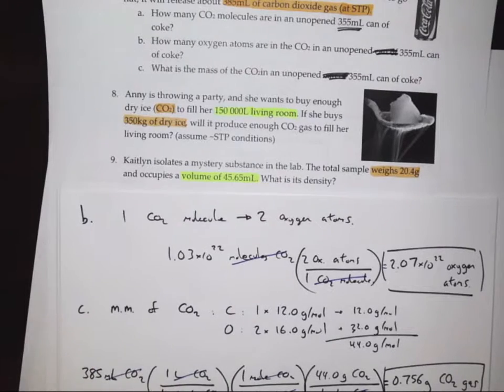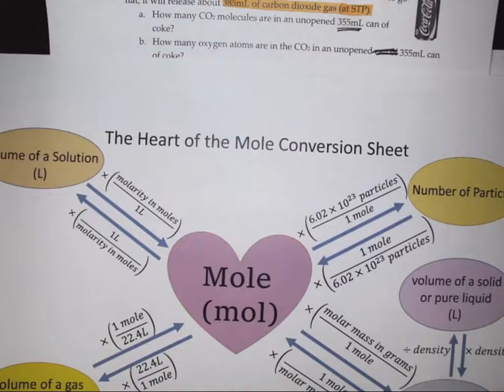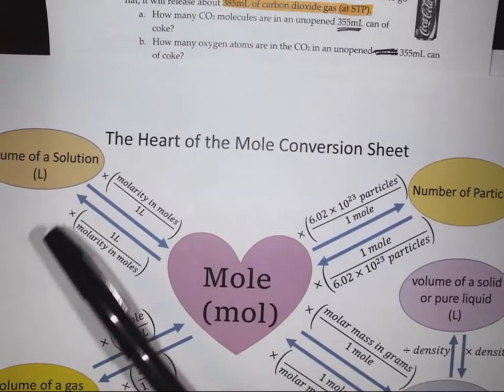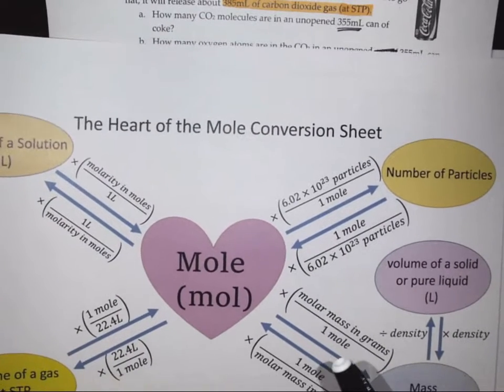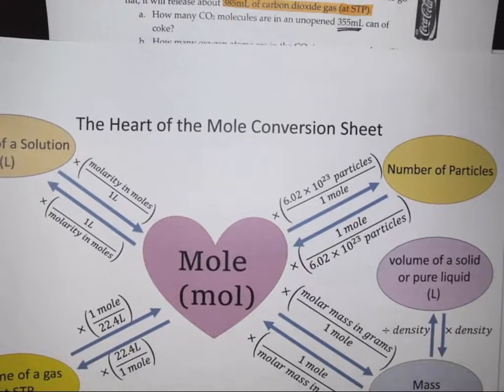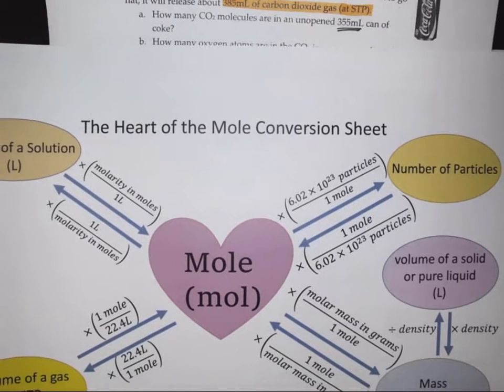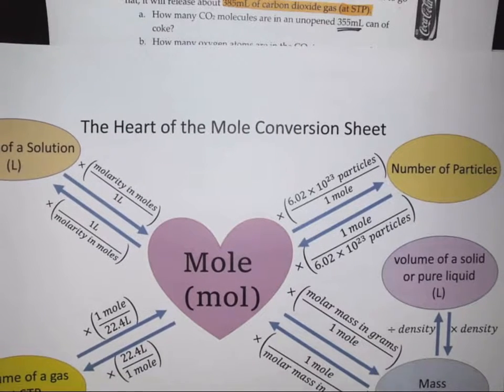Well, if we look on our chart of the mole sheet, we're going to find actually this is a sheet that's used for converting values, but it is not for, say, finding molarity. It's not for finding density, or for finding molar mass for that matter.